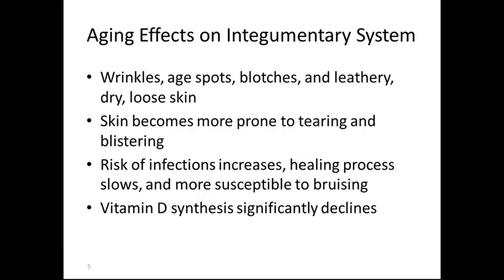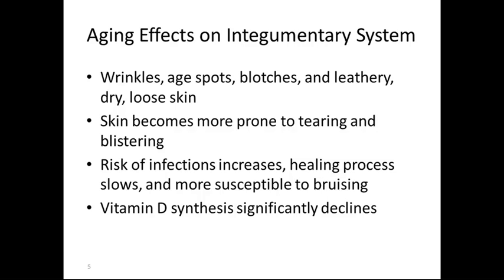Aging effects on the integumentary system are wrinkles, age spots, also called seborrheic keratosis, blotches, leathery or dry skin, or loose skin. The skin becomes more prone to tearing and blistering, and this is due to the dermis losing about 20% of its mass, which in turn results in paper-thin or transparent skin.